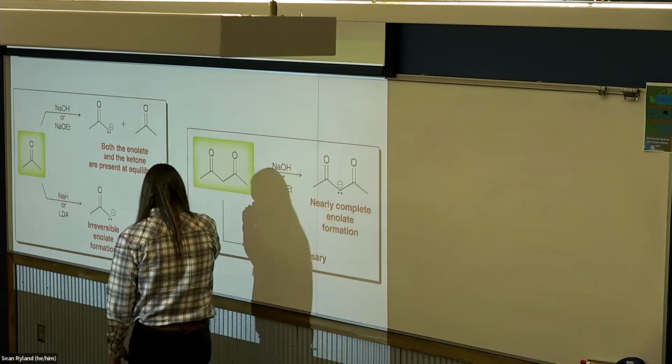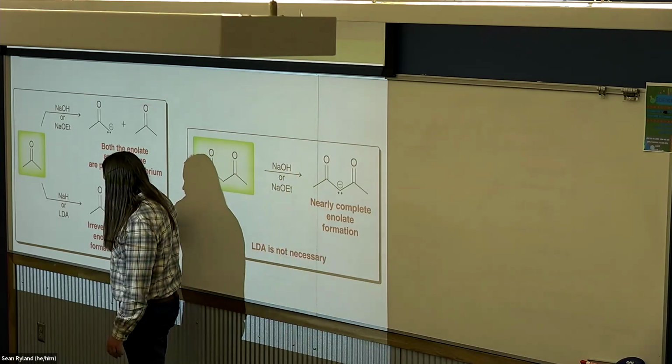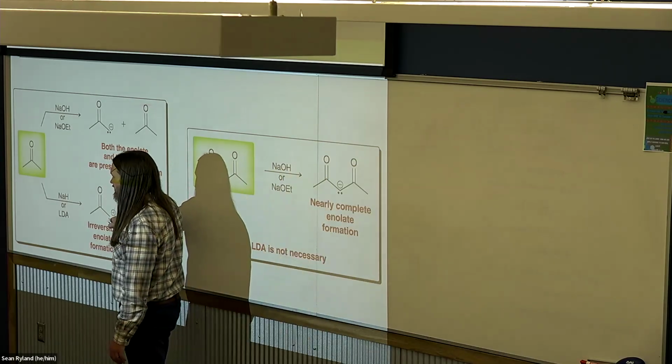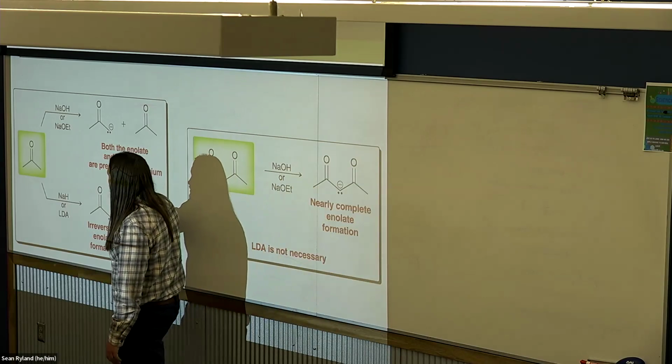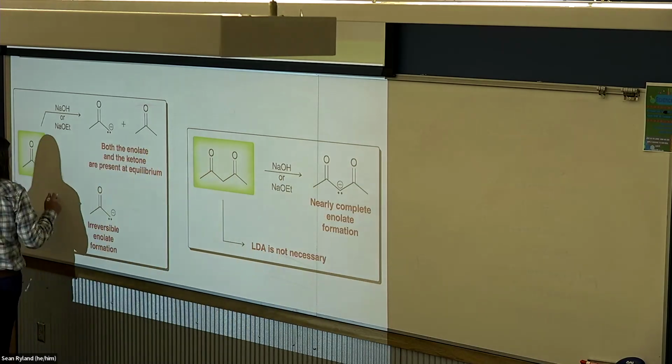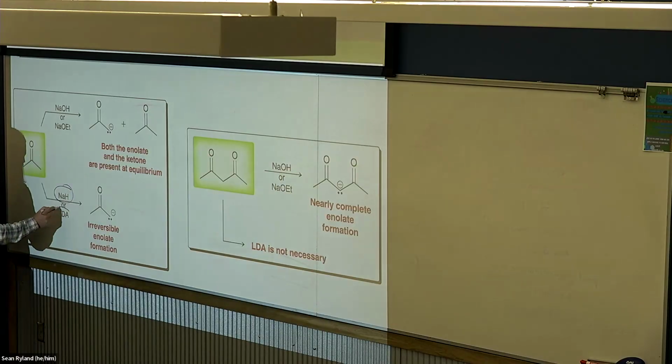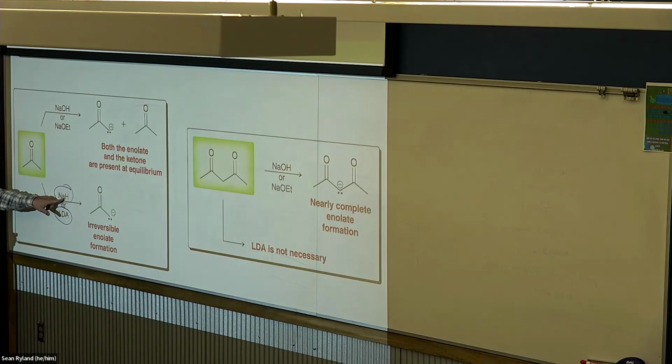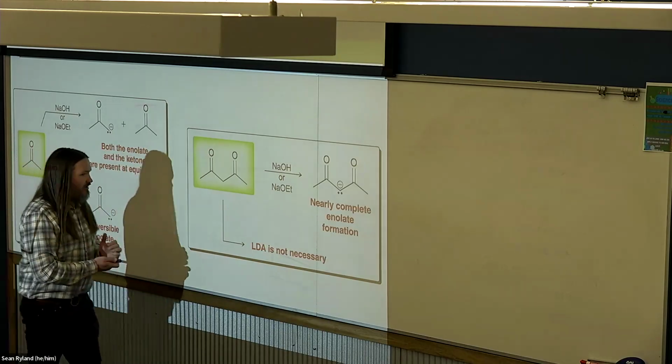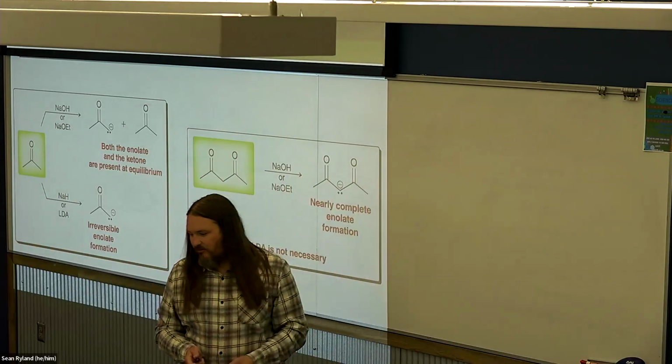If we want irreversible enolate formation, so really 100% yield, really useful synthetically, we're going to need to use sodium hydride or LDA, lithium diisopropylamide. Both of them have much stronger pKa's, and the sodium hydride makes hydrogen gas as a byproduct, so it drives the reaction to completion.